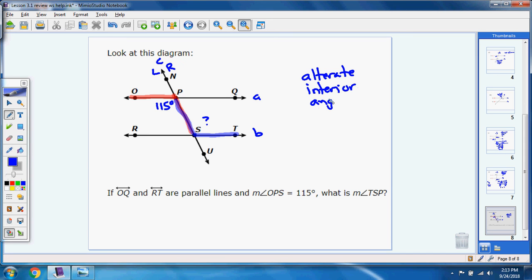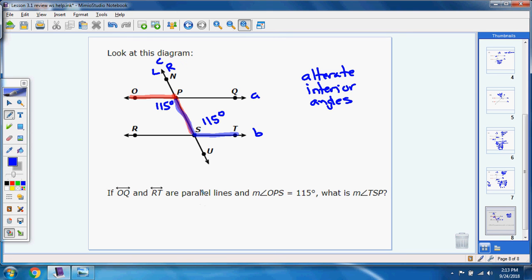And as we remember, alternate interior angles are congruent. So the measurement of angle TSP would have to be 115 degrees as well.